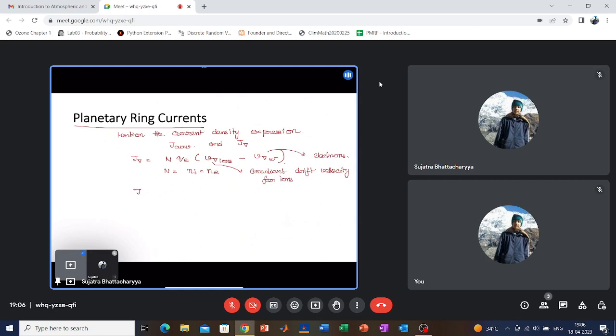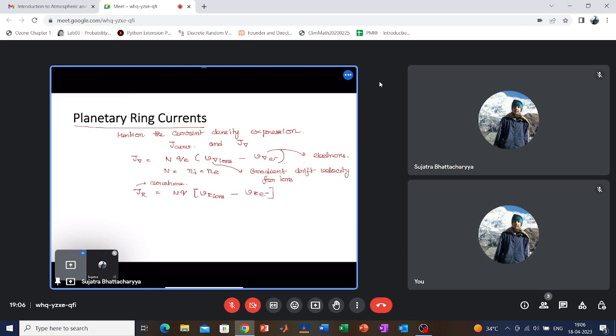And the second thing is the J_R, which corresponds to the curvature effect. So this expression becomes N Q times V_R of ions and V_R of electrons.